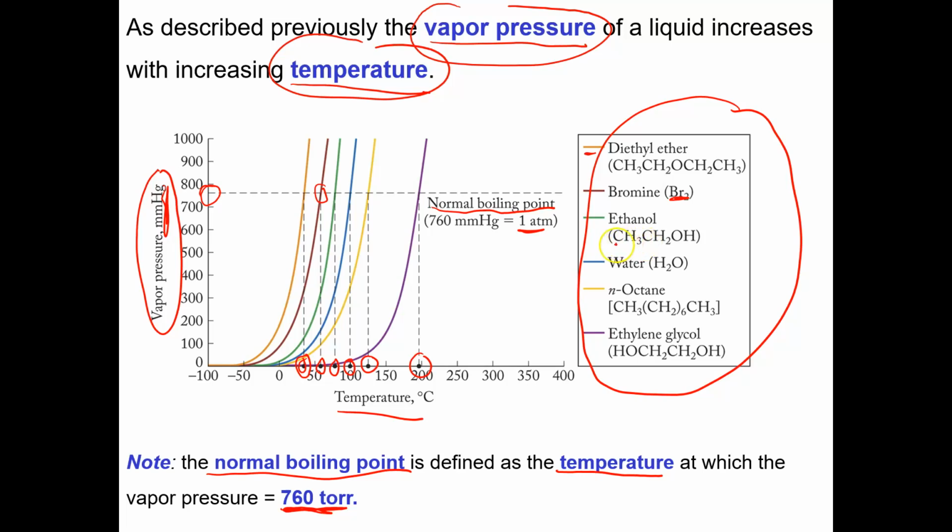Now, ethanol is well known as being quite volatile. It has a characteristic smell. It smells like vodka, because that's what you're mostly smelling if you were to smell vodka. Boiling point is around 70 degrees Celsius. It has a pretty low molecular weight, but it has dipole-dipole interactions.